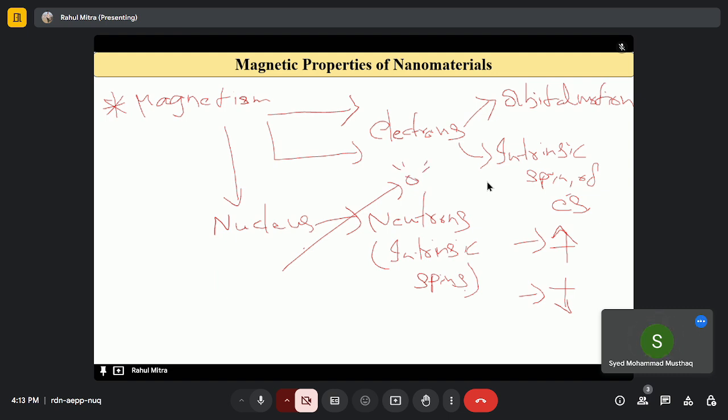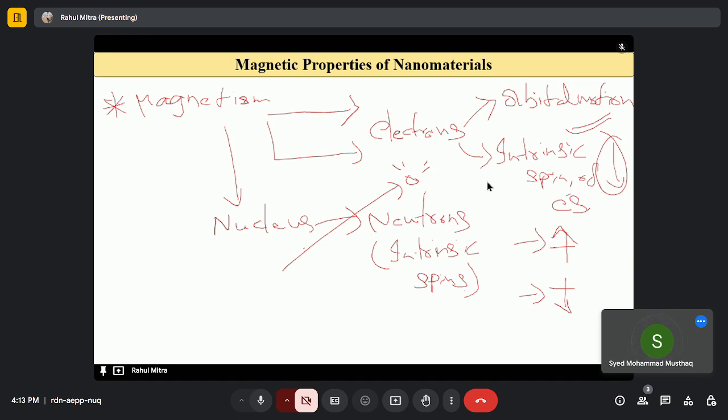It is negligible, and the dominant magnetism comes from the intrinsic spin of electrons. This is the main part. So now we know where the magnetism is coming from.